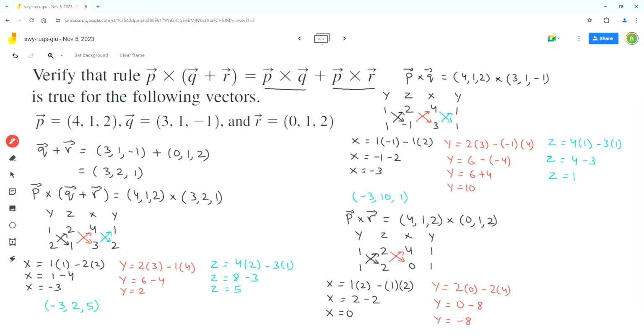Now we can calculate the z component. So the result of the cross product of vectors P and R is the vector 0, -8, 4. Next, we should add the results of the cross product of vectors P and Q and P and R.